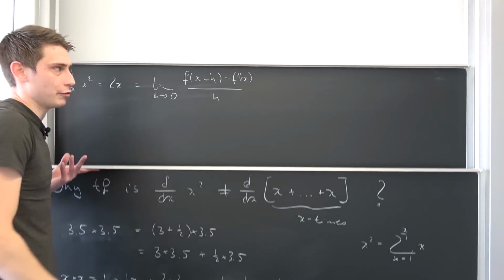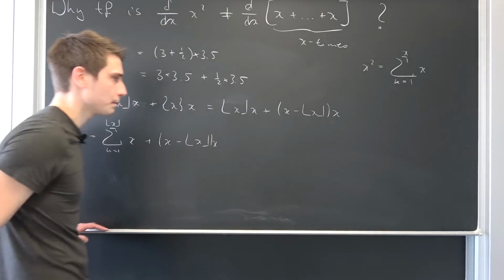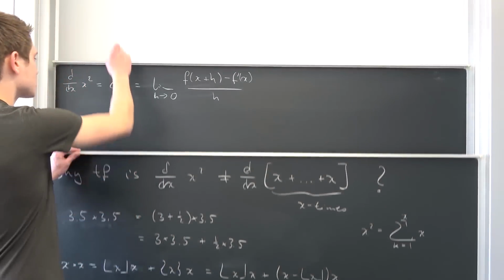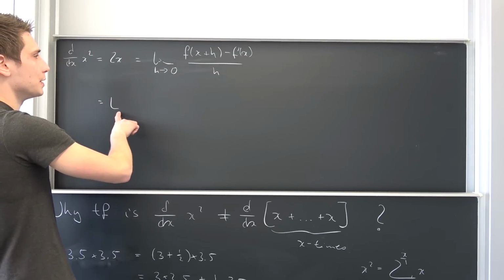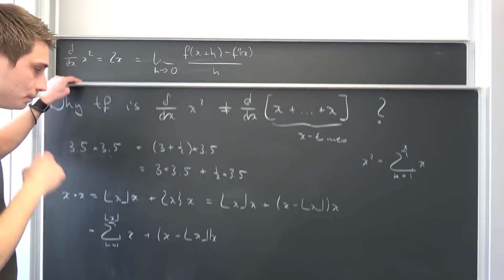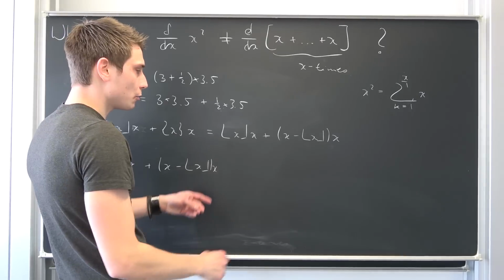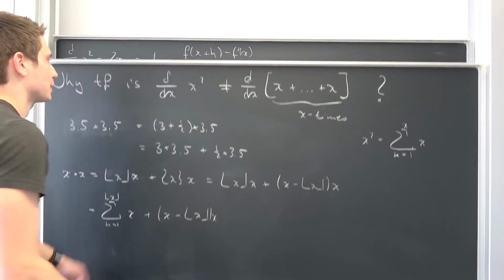What is our f of x? Well, we have defined it like this right here, okay? So this is basically nothing but I'm going to refer to this limit as just capital L, the limit as h approaches infinity of f of x plus h. I'm terribly sorry. So meaning we are going to plug x plus h into all of our x's right here. That's a lot of stuff to write.